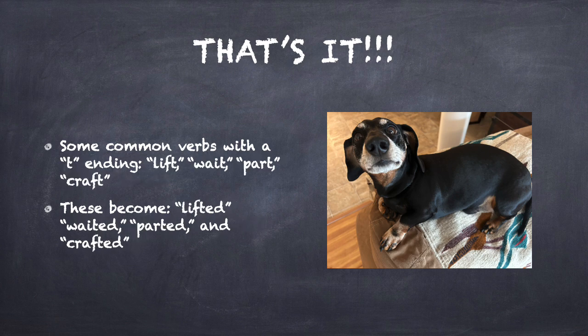We can also look at some common verbs with a T ending, such as lift, wait, part, and craft. And these become lifted, waited, parted, and crafted. Once again, you could do a web search to get much longer lists of verbs that end in a T in the present tense.